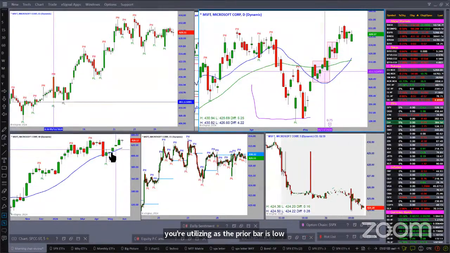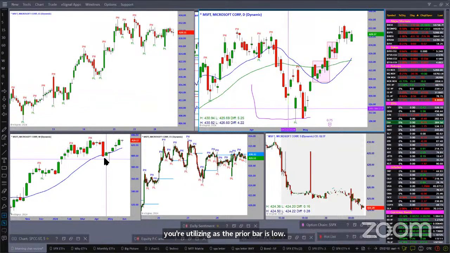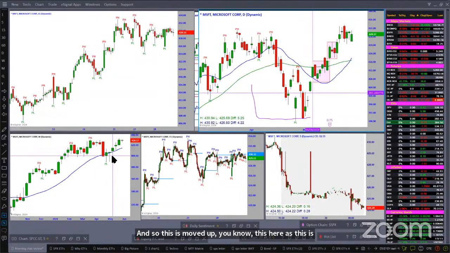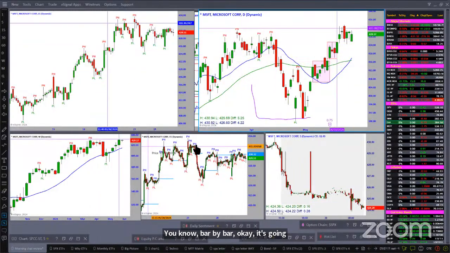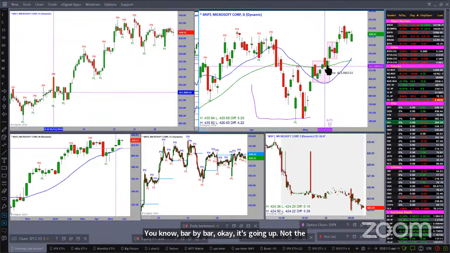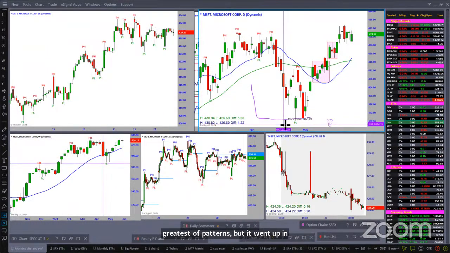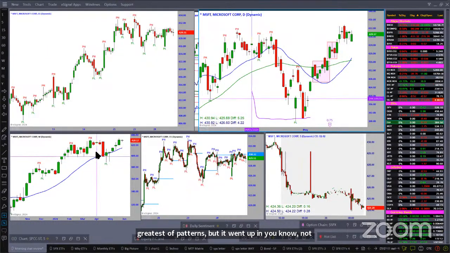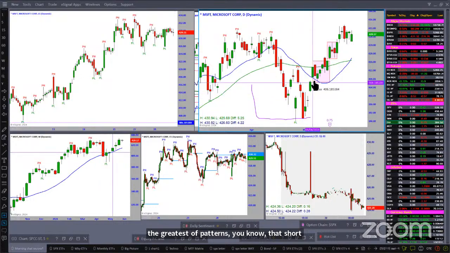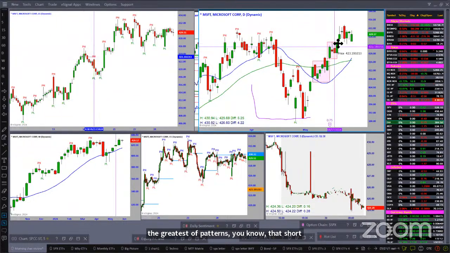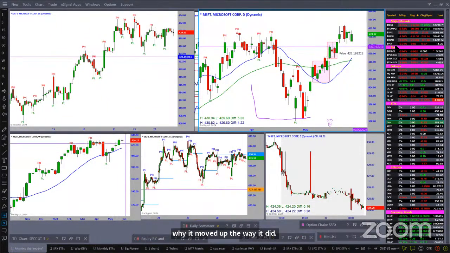And so this has moved up, as this is coming down, this bar above the high, bottoming tail bar, bar by bar. Okay, it's going up. Not the greatest of patterns, but it went up. Anyway, so this is starting to falter.